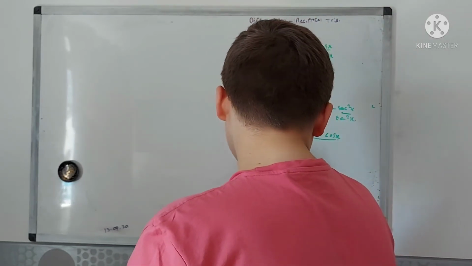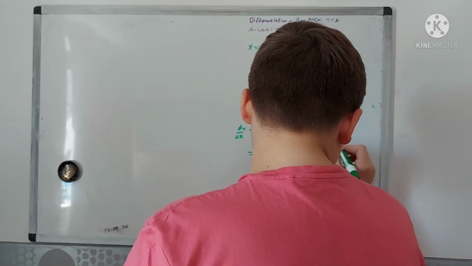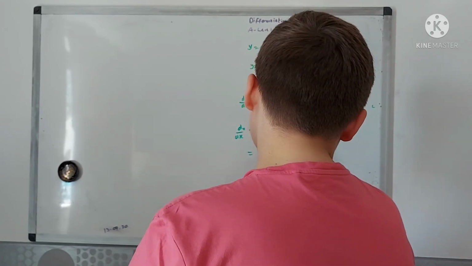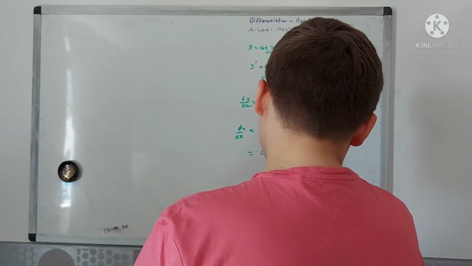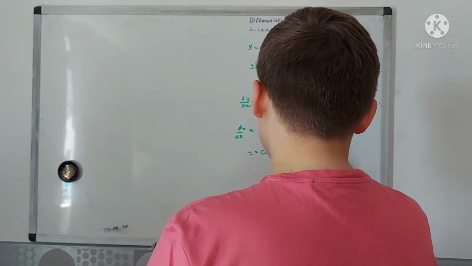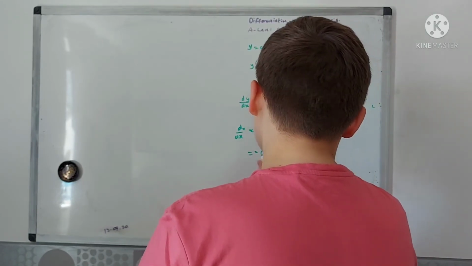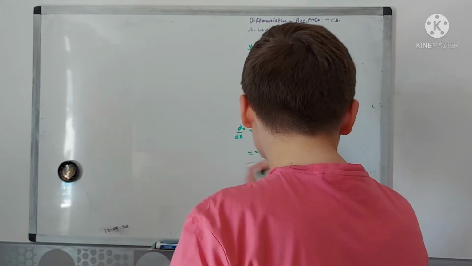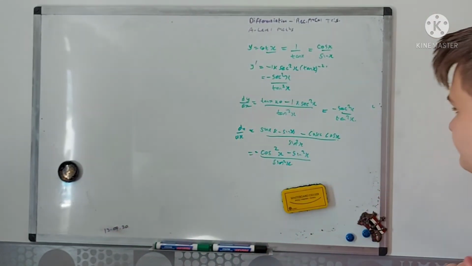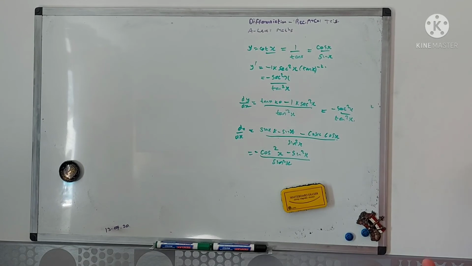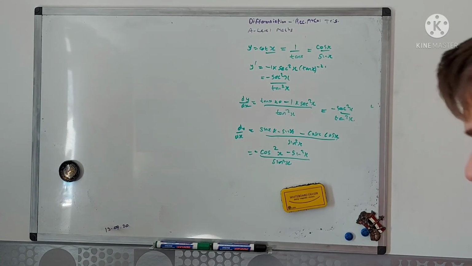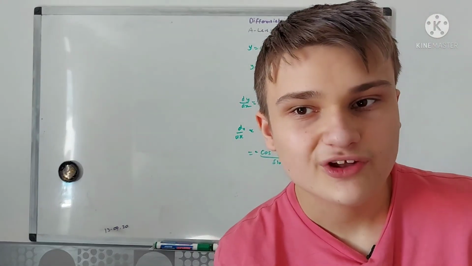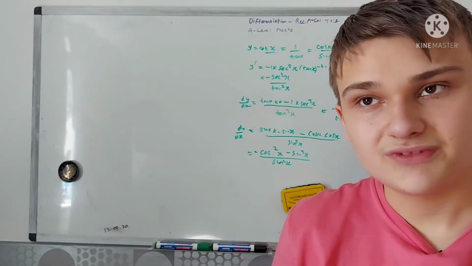So we got minus cosine squared x minus sine squared x over sine squared x, and we can rearrange as we do. Alright, so that's how we can differentiate the reciprocal trig functions, and next we need to look at parametric differentiation and implicit differentiation.